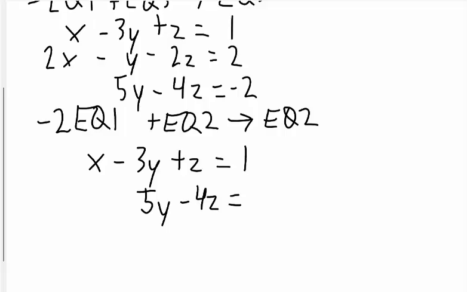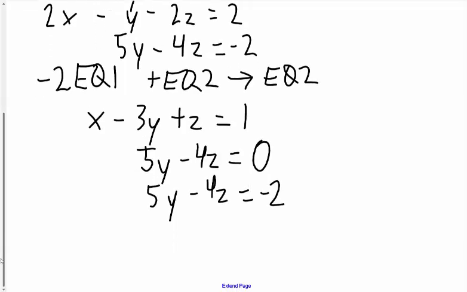Negative 2 and a positive 2 is 0. And our last equation is 5y minus 4z equals negative 2. Something isn't looking right here, but let's keep going. Okay, so now we've gotten the x's out of here. We're left with y and z here, and we're left with y and z here.